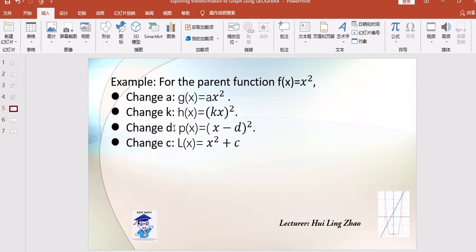Change d. Let p(x) = (x - d) squared. And last one, change c. Let l(x) = x squared + c. So now we change to GeoGebra to explain the transformations.